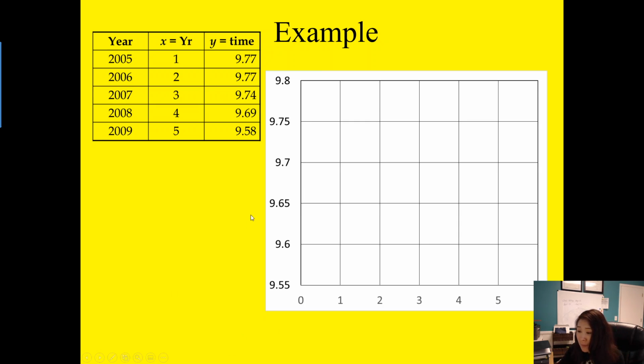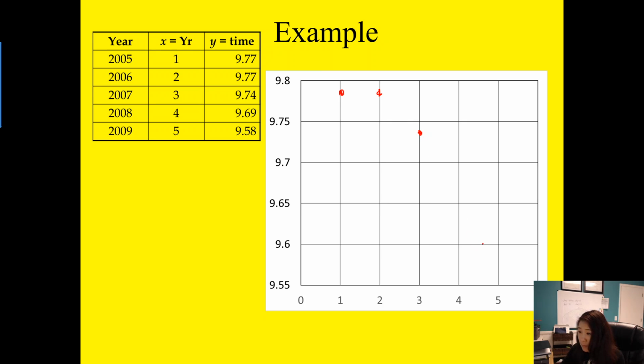Let's draw the scatter plot on our worksheet. When the year equals 1, Y equals 7.77, which is about here. Then when the year equals 2, it is still 7.77. For year 3, it is 9.74, which is about here.